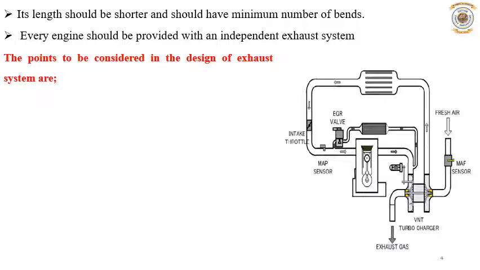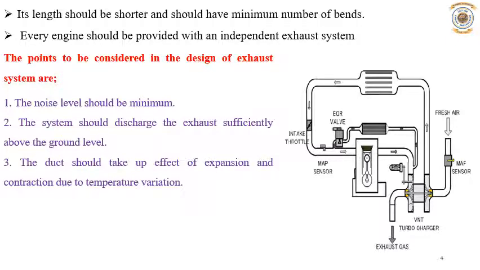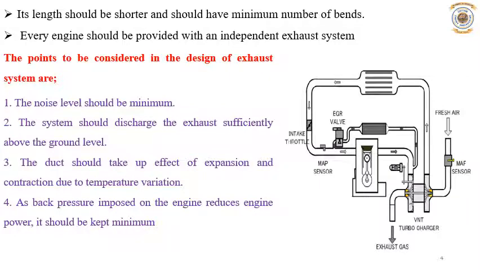Some points to be considered in the design of the exhaust system are very important. The noise level should be minimum, and the system should discharge the exhaust sufficiently above the ground level. The duct should take up the effect of expansion and contraction due to temperature variation. You should study the material characteristics for this.